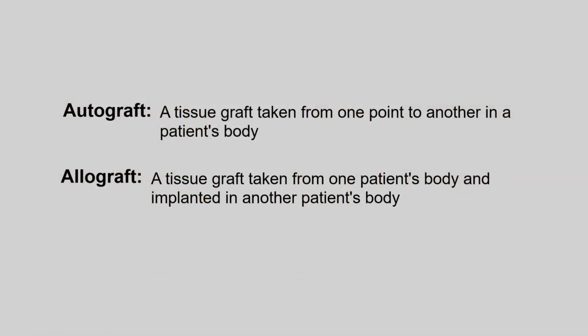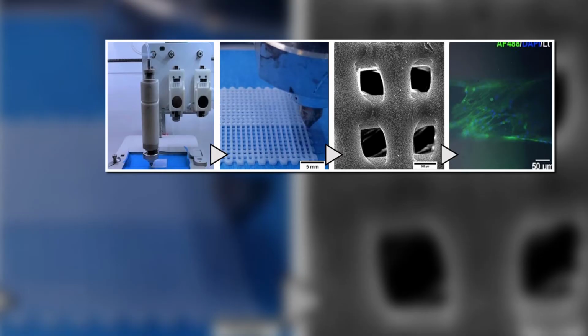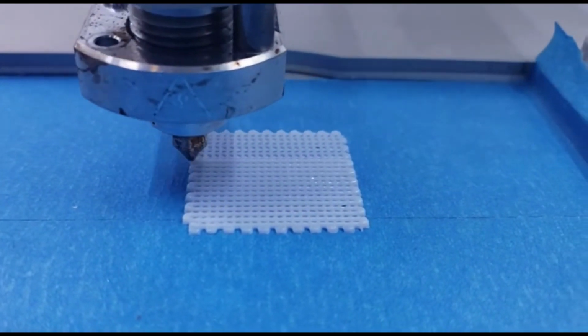Autografts and allografts are commonly used to treat bone defects, but limitations of donor site morbidity, infection, and pathogenic immune response have necessitated the development of new medical and clinical strategies. To overcome these limitations, alternative tissue engineering methods have been developed to combine scaffolds, cells, and cellular signals into a functional tissue construct.